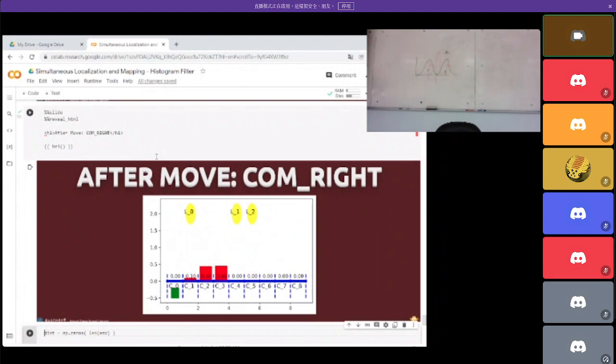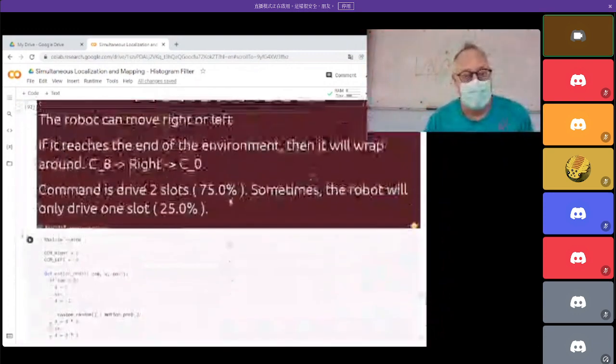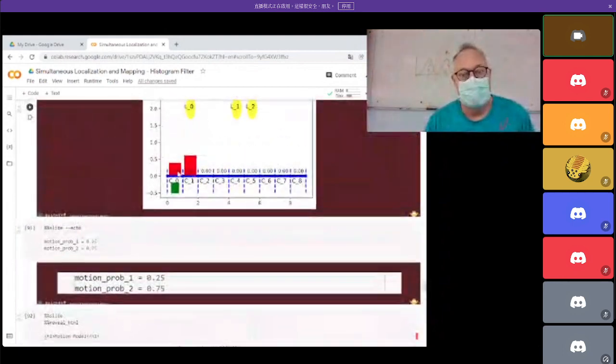Or I will end up here with 25% probability from this location. From here to there, I will have 25% probability of my previous. But that was already reduced. That was 39% probability.